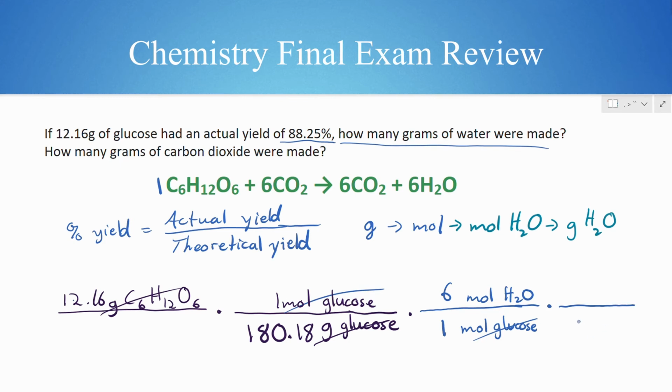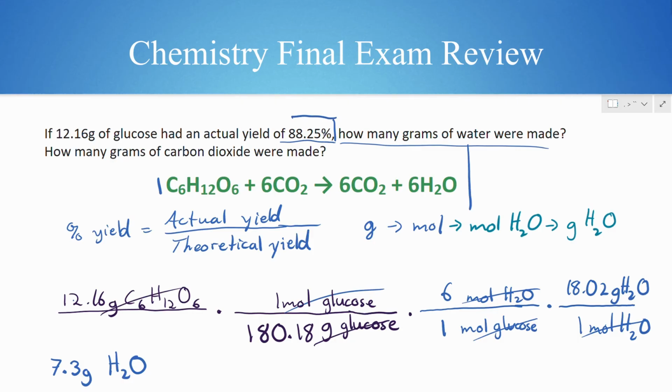So in 1 mole of water, we have 18.02 grams of it. Now this cancels out. Now we can find the number of grams of water that were made by multiplying straight across. For this first one, we come out to have 7.3 grams of water.